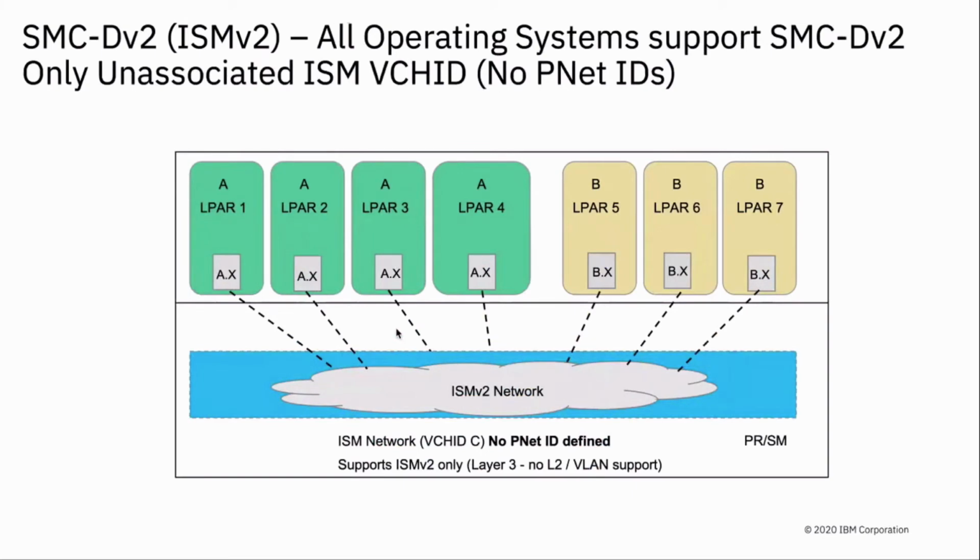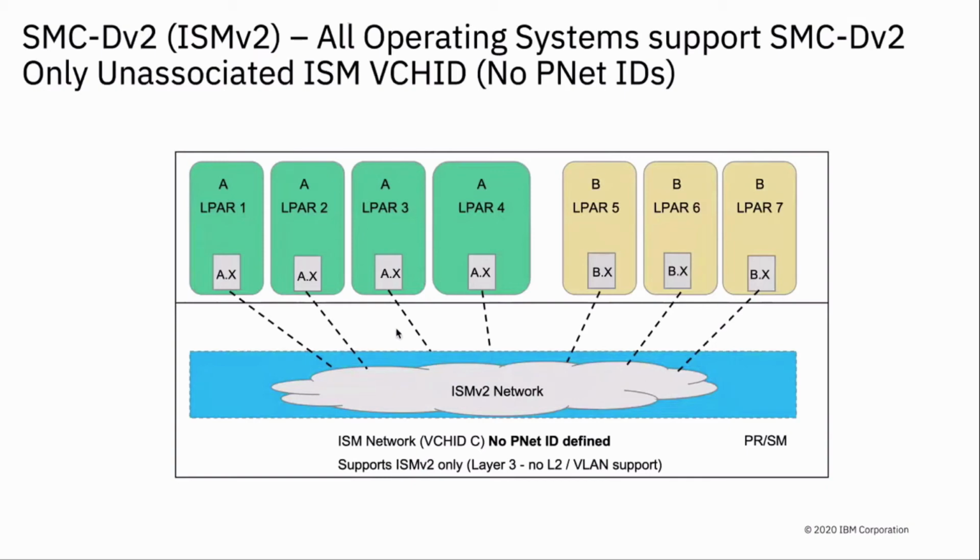Now, this requires that all the LPARs are up level. And once they are, I don't need the old configuration or new configuration. If you're coming to SMC-D version 2 from scratch, you could deploy it in this manner. Just update your OSs to version 2 and ultimately just provision one VCHID without any type of association with any IP device, just no PNetID.